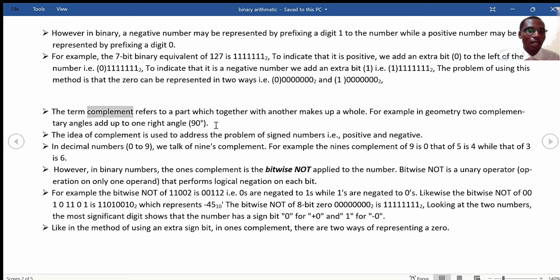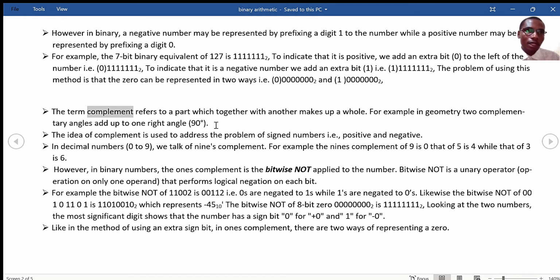Let us say one angle is 60, the other one is 120, to make the whole angle in a straight line, which is 180. We can say that angle 60 complements angle 120, so that 60 and 120 can make up the whole angle in a straight line, which is an angle of 180.